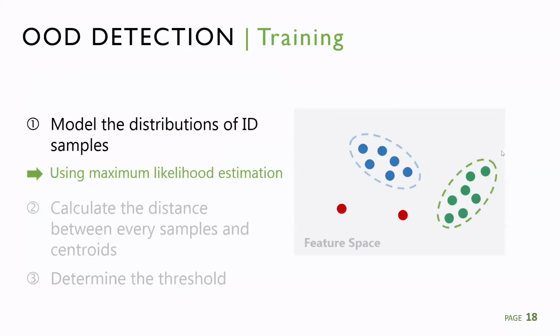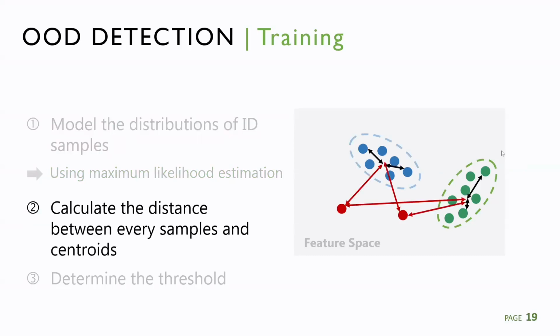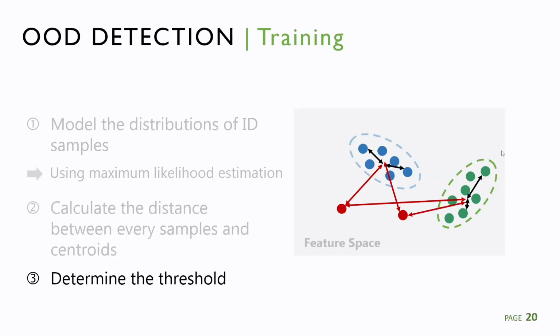Now, in the training part, we first have to model the distribution of the known samples. Say blue and green are known crop distributions, and we have to find their boundary. We use maximum likelihood estimation. Next, we calculate the distance between the centroid and the one input image, and then we use a threshold.